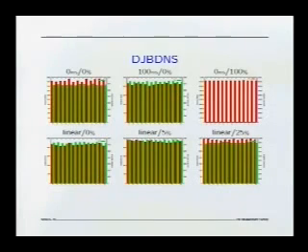DJB DNS always does essentially round robin distribution to the name servers regardless of packet loss or delays. And that's no surprise. They mention that in the software description.